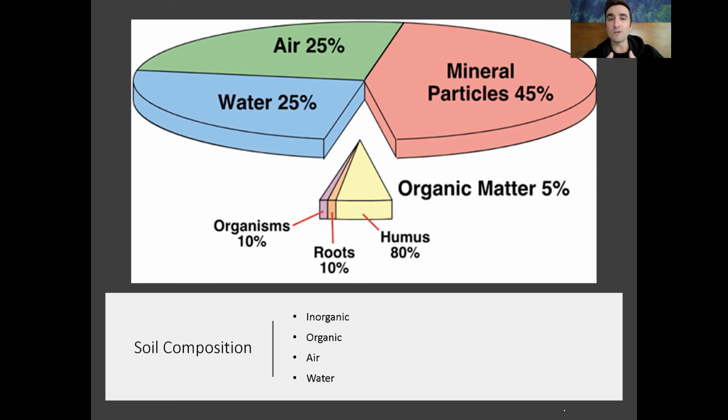The water we know is crucial for plants to grow. It's also crucial for the life in the soil to survive. Many of our soil organisms are more technically aquatic organisms than they are terrestrial because they swim around in the water, which are smaller than a drop of water, even the water habitats inside the soil.